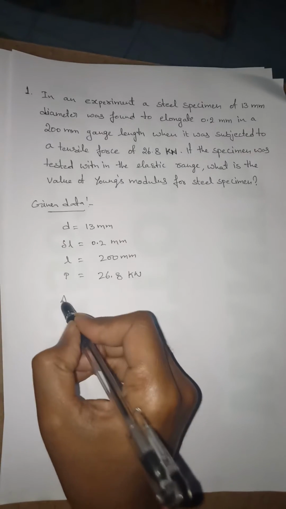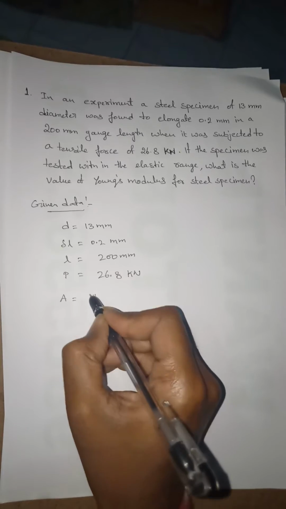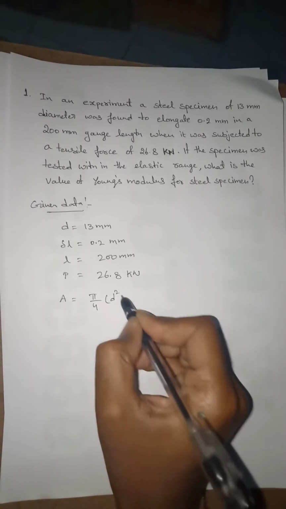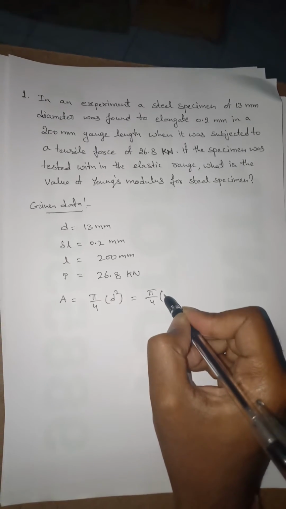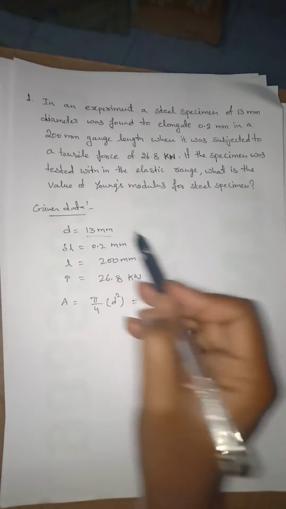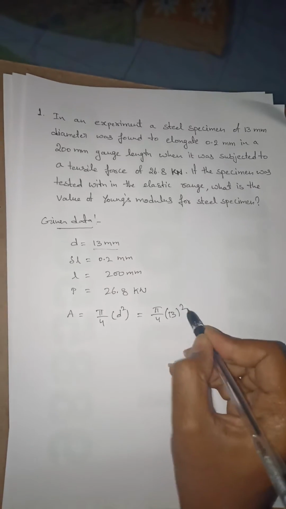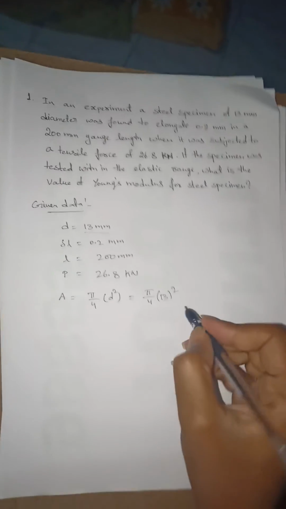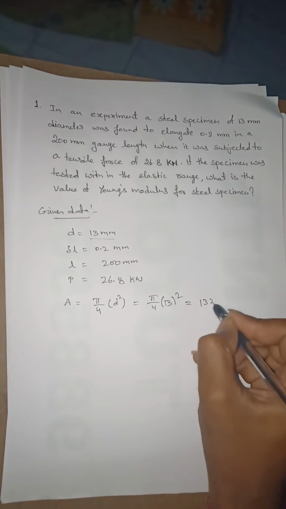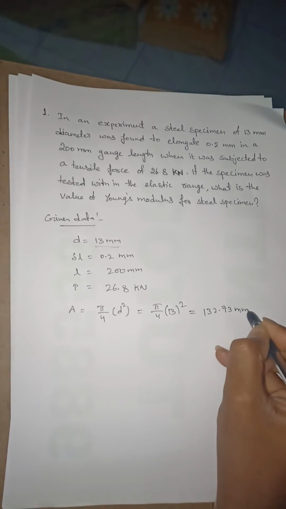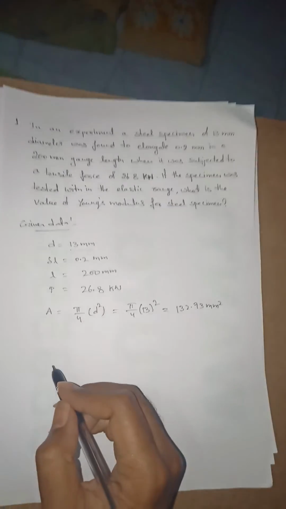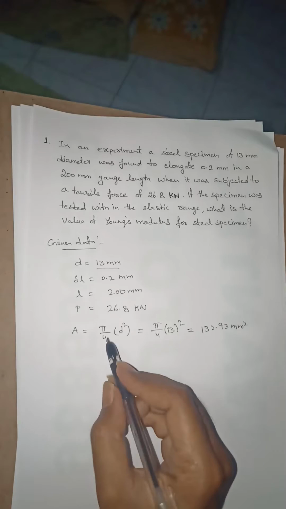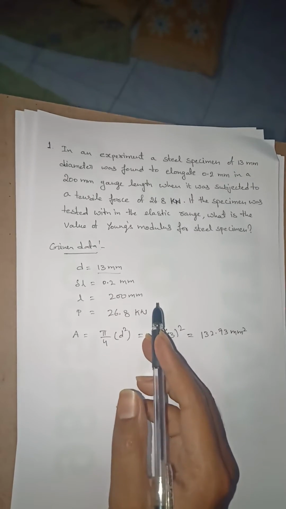So we can find the area of cross section A is equal to pi by 4 into d square, that is equal to pi by 4 into 13 square. So you will get the value like 132.73 mm square. Now what is he asking about? E, Young's modulus.